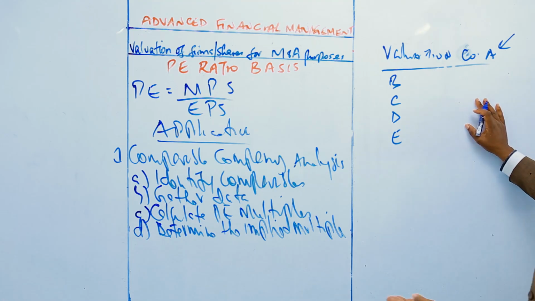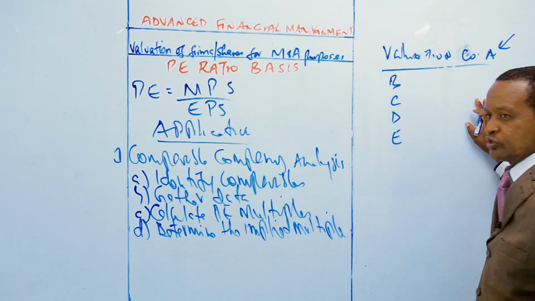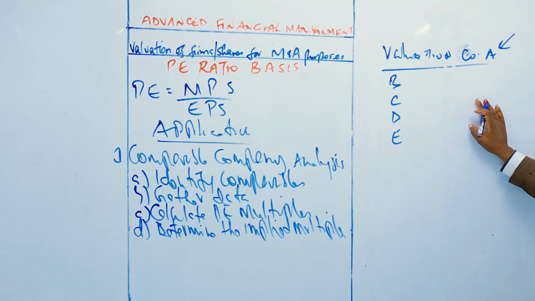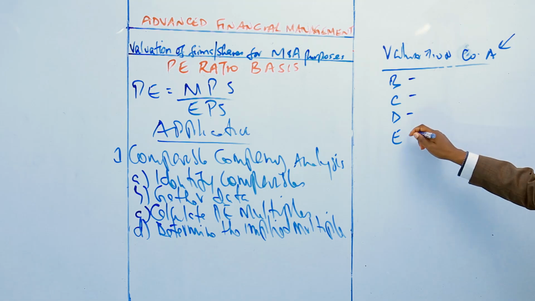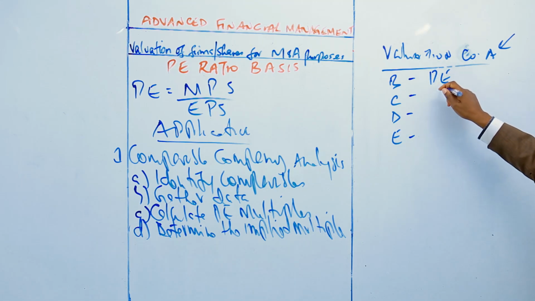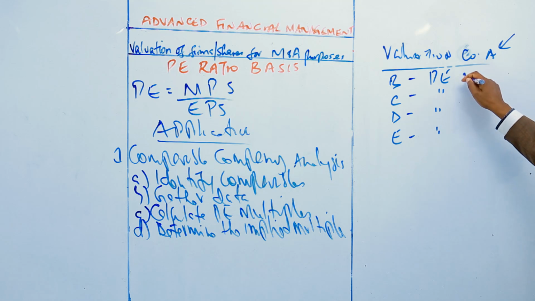Then the third step is to calculate PE multiples. Calculate the PE ratio for each comparable company.